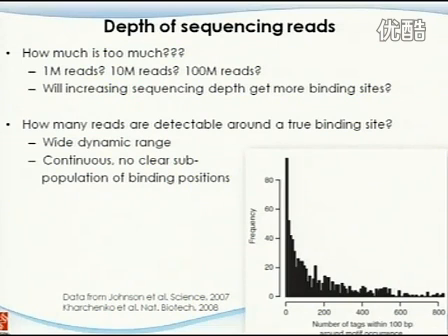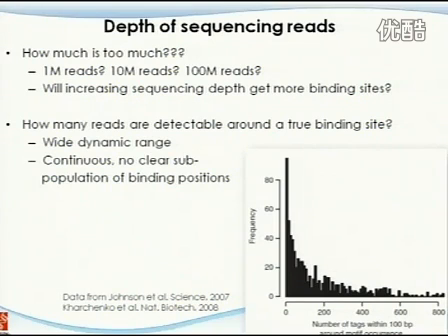So when you identify true binding sites, you want to see how many sequencing reads are there, okay? So you can see this is with a big dynamic range, meaning that for most of the true binding sites, the signal you detected is pretty low. But some of them can go through a couple of hundred base reads.